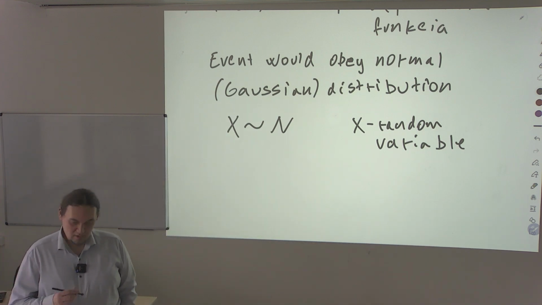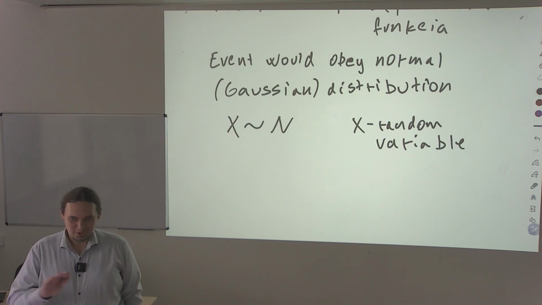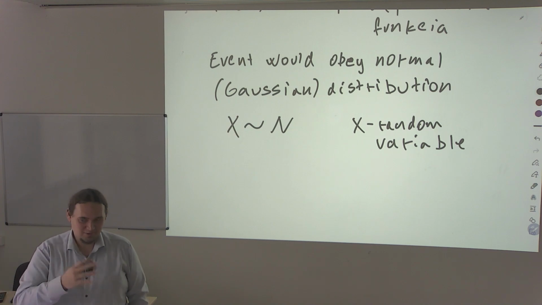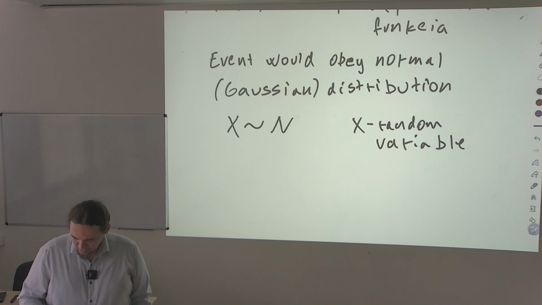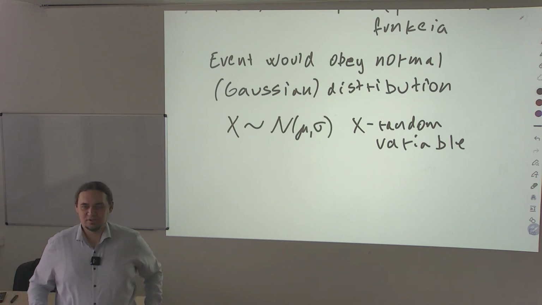The N stands for normal. The whole world, even the Germans, write capital N and not G. The normal distribution is then defined with some mu and some sigma.